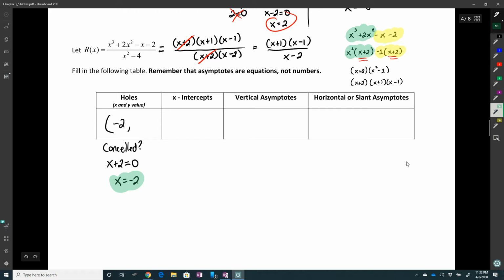Now the y value of the hole is you plug it into the simplified equation. So my simplified equation is blank plus 1 blank minus 1 over blank minus 2. And so I just plug in my -2 into all those.